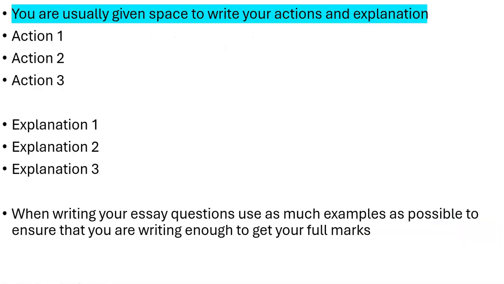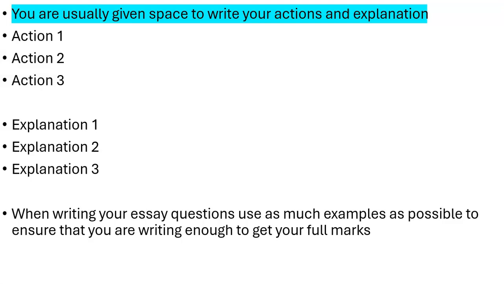When you're writing your essay questions, you're usually given space to write your actions and explanation. As the question before states, 3 factors that citizens can use to ensure that governments are made accountable. Usually on the CSEC paper, they will give you the space to write your different actions.